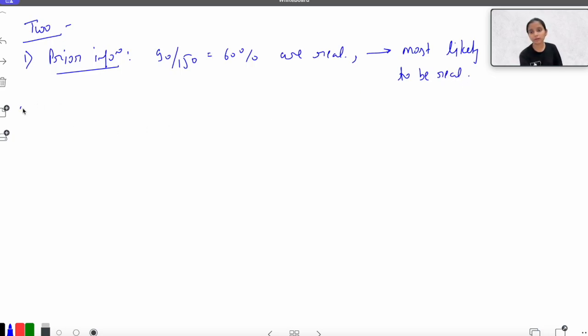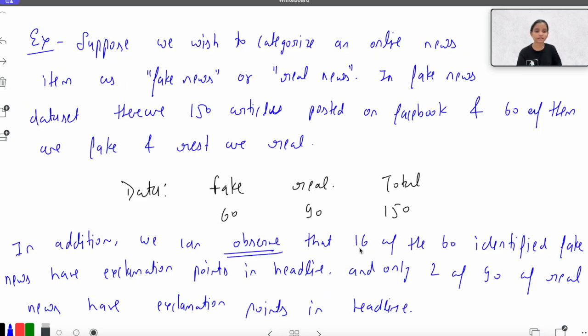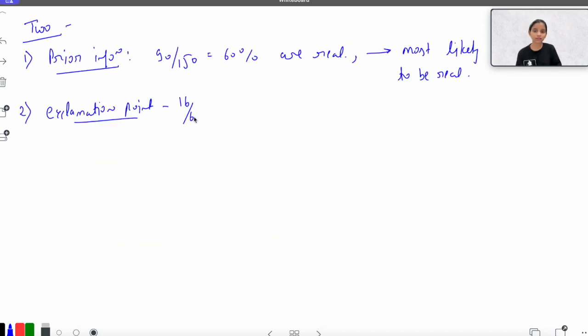Now the new information, after collecting the data: looking through the data on exclamation points, 16 of the 60 are identified fake news and 2 of 90 are real. That means this new observed data suggests that the exclamation point is more consistent with fake news.